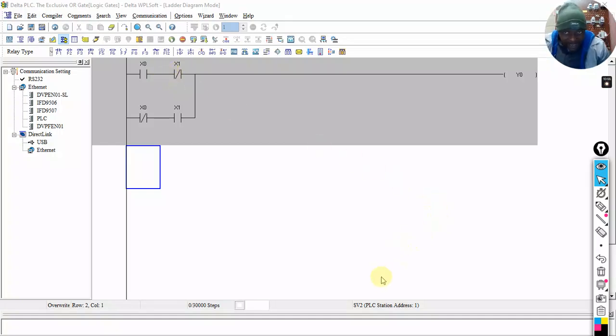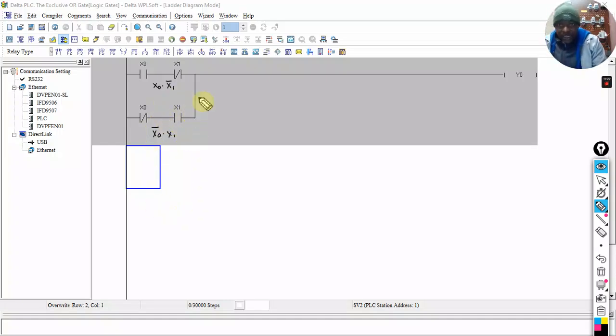So that line there, let me take my pen, that line there is literally x0 and x1, except it's closed, so therefore it's not. And that line there is x0 and x1, except this is closed, so it's a not.